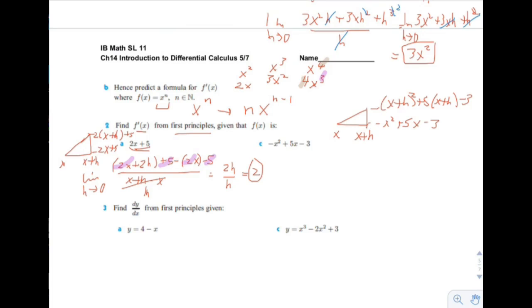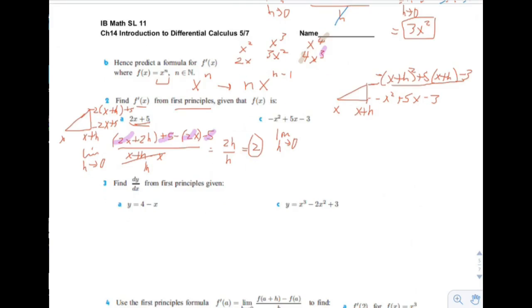And so if we're going to find this limit, it's the limit as h approaches 0. I'm going to go ahead and expand this part here in purple, and I'm going to put it here. So I'm going to have negative x squared minus 2hx minus h squared plus 5x plus 5h minus 3.